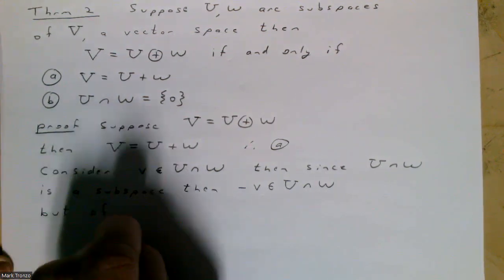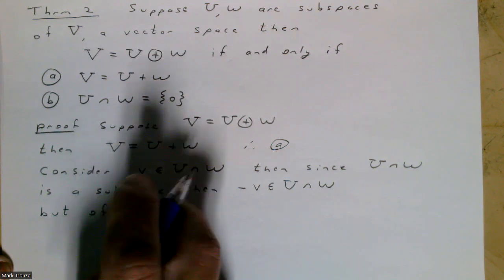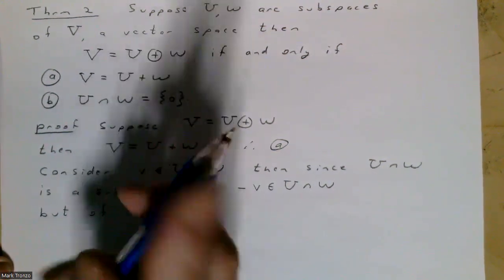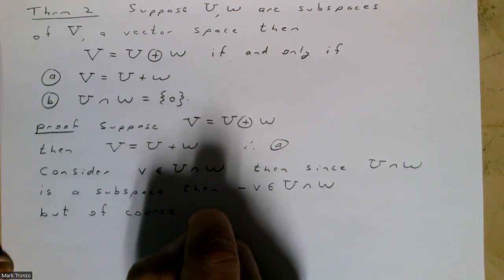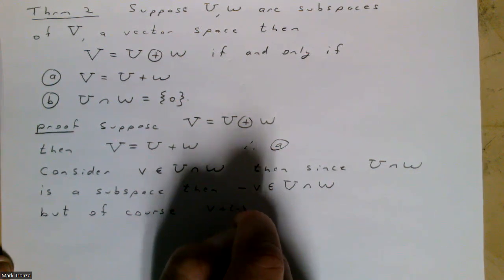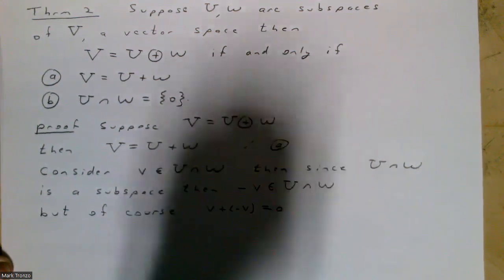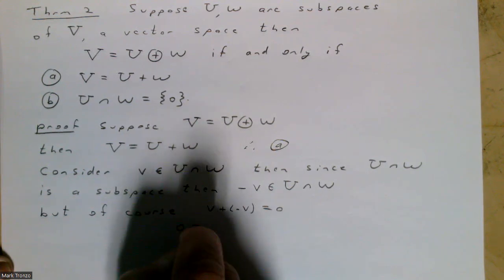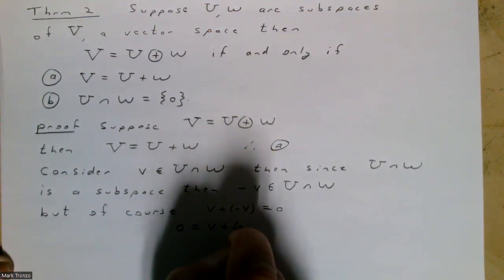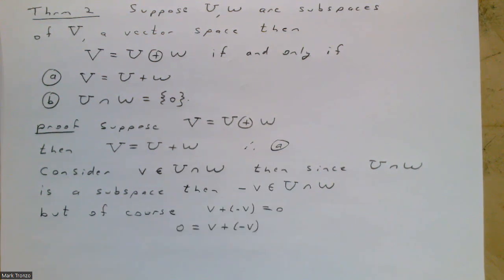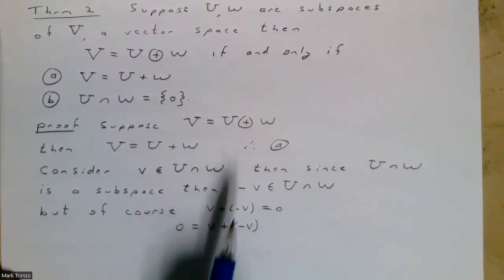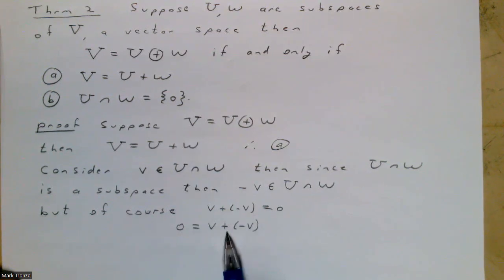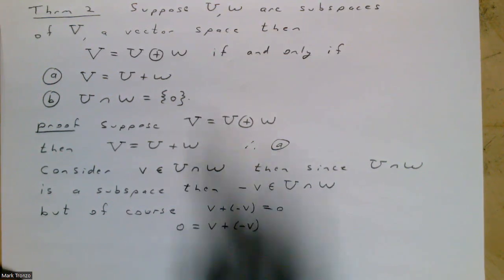But of course, V plus that minus V is zero, or if you want to write it this way, zero is in V plus minus V. And now, since every vector in V is represented uniquely, so is zero.